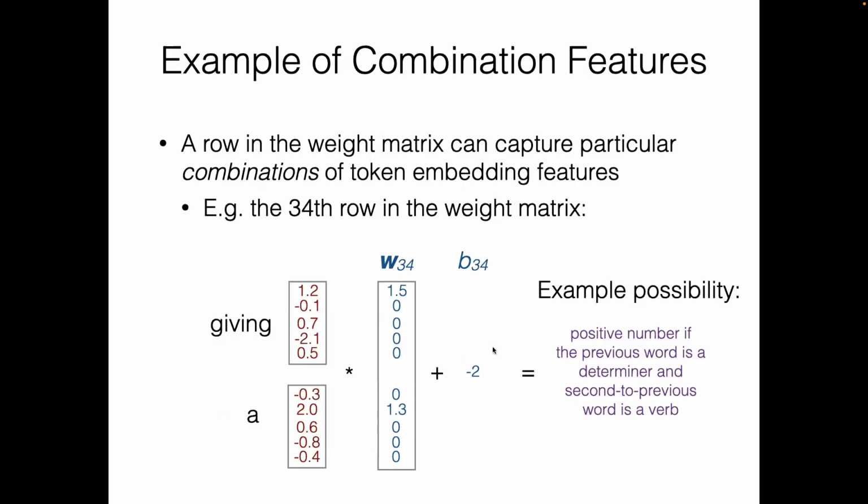Maybe it could be interpreted as: this part of the weight matrix gives you a positive number if the previous word is a determiner and the second to previous word is a verb, something like that. You can frame a lot of these different possibilities as different settings of the weights. The idea behind deep learning or the neural model is that it will figure out what to learn based on the data so that the loss is minimized.